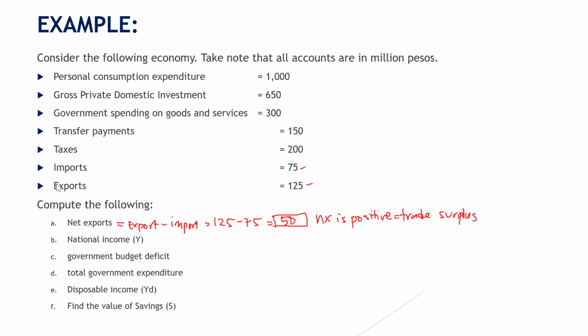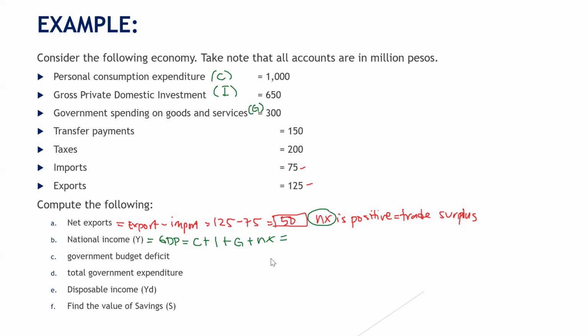Now, let's proceed with the national income. So again, the national income is denoted by the GDP, wherein GDP is equivalent to C plus I plus G plus the NX. So we have here consumption expenditure, this is our C. The I here is our private domestic investment. And the government spending on goods and services is actually the G. Then we have already here the net export.